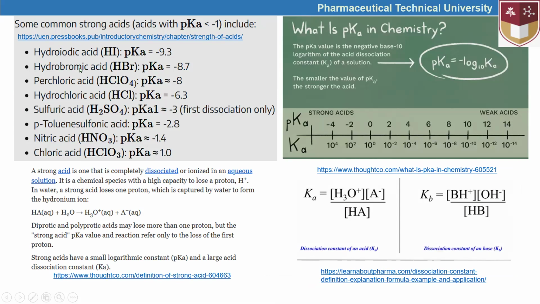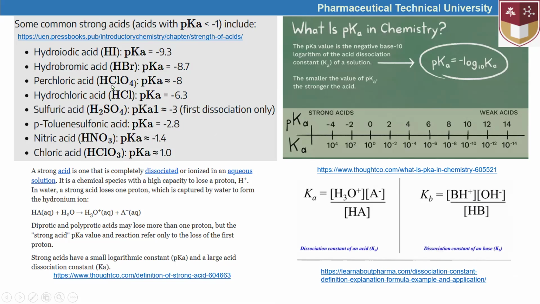These are the list of strong acids: hydroiodic acid with pKa value minus 9.3, hydrobromic acid minus 8.7, perchloric acid with pKa equaling minus 8, hydrochloric acid, the pKa of which equals minus 6.3, sulfuric acid minus 3, toluene sulfonic acid minus 2.8, nitric acid minus 1.4, chloric acid equals minus 1.